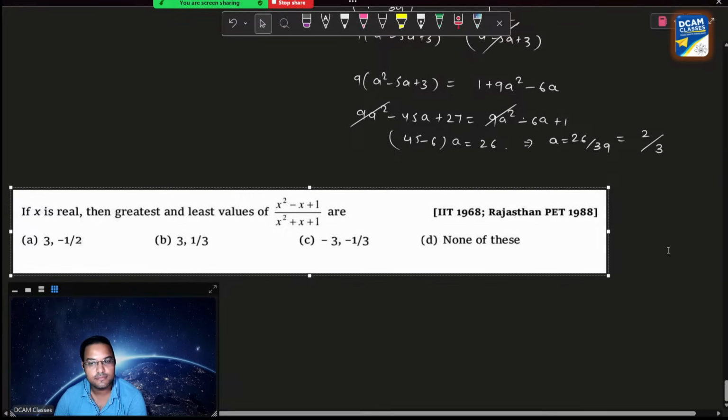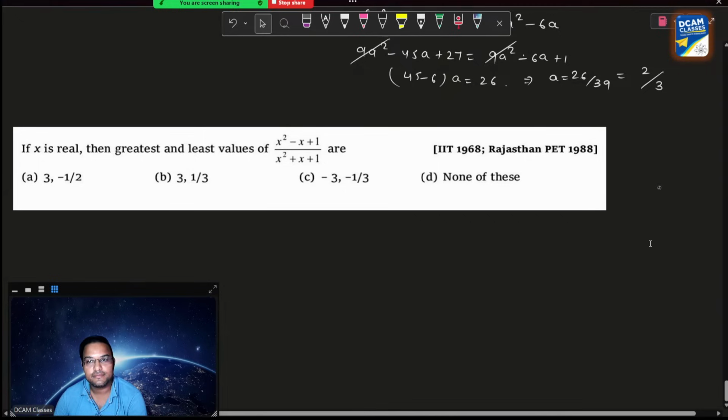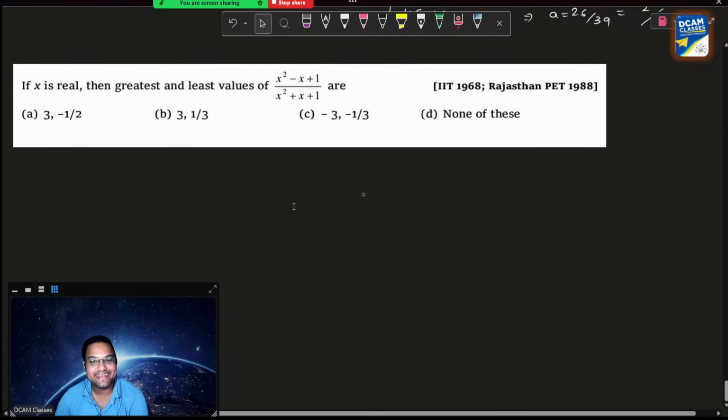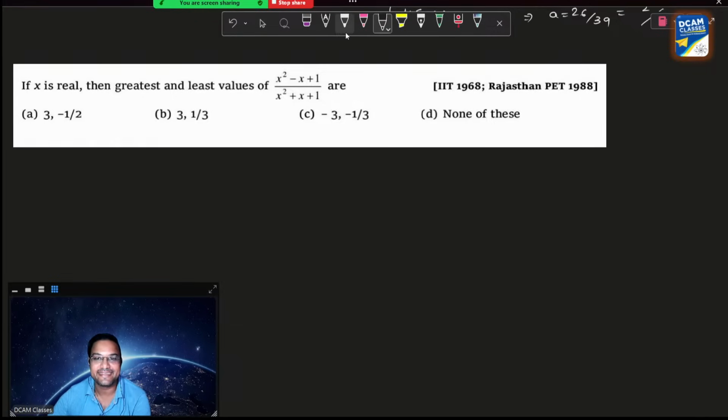Sir, I was also using the same method, but calculation took time. Kanishka, I know, she knows the method, but she takes time in calculation. Yes, sir, sometimes I do calculation error. That only you have to improve. You have to make quick calculations, and that too without mistakes.